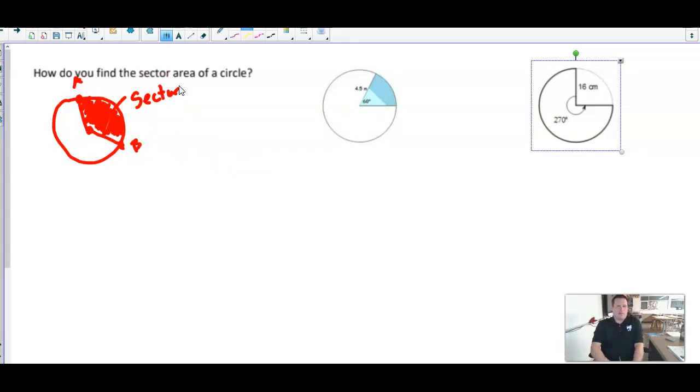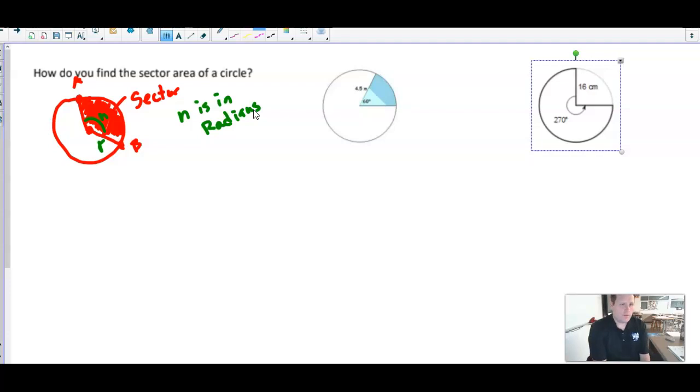And so there's a few pieces that I need for this. Again, I'm looking for this space or this area in between. I have to know my radius, obviously, and I need to know this degree or angle measurement, again, in radians. So n is in radians, and we don't want to forget that.